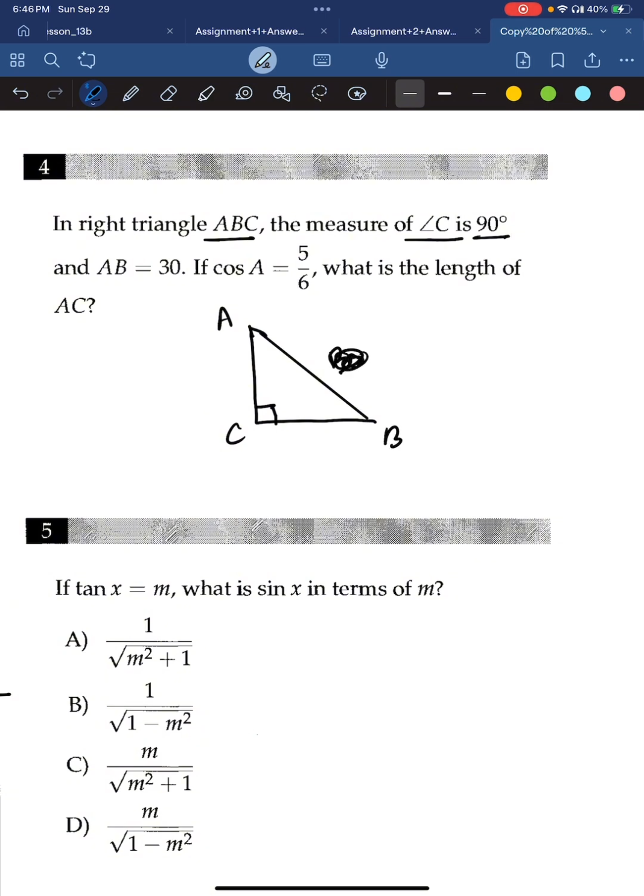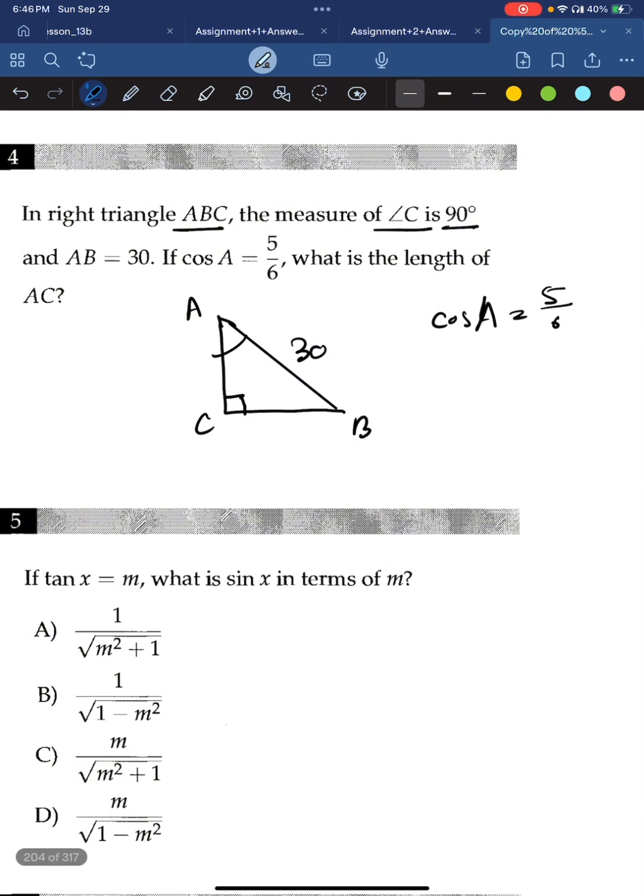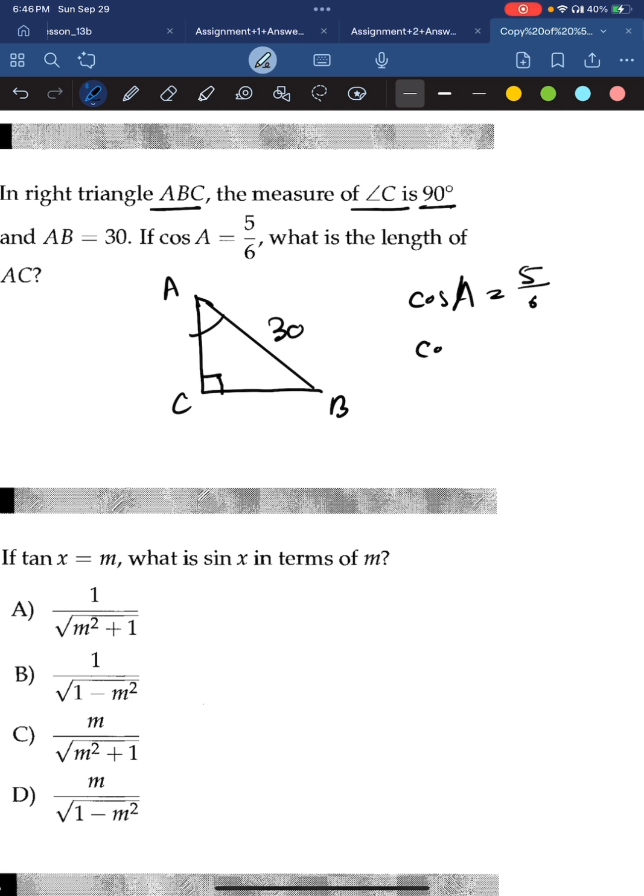Cosine of A is given as 5 over 6. So what's cosine? Cosine of theta is equal to the base over the opposite. As the angle is here, the base is this one.